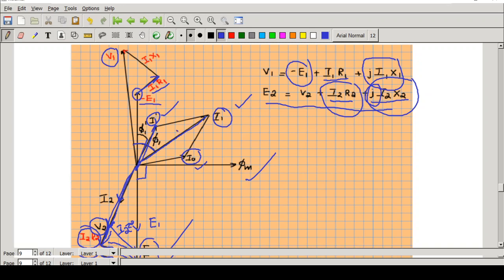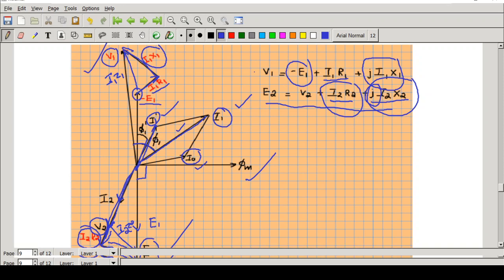So I'm drawing a line perpendicular to I1. This will represent I1 X1. So I am adding I1 R1 plus j I1 X1, and now I will get V1. Also here I can draw, as before, a line which will represent I1 Z1.